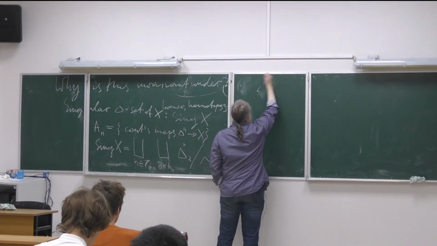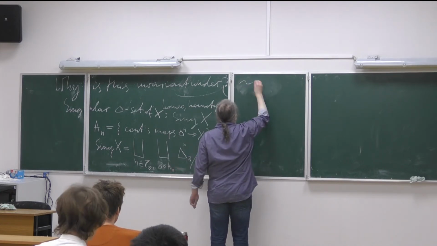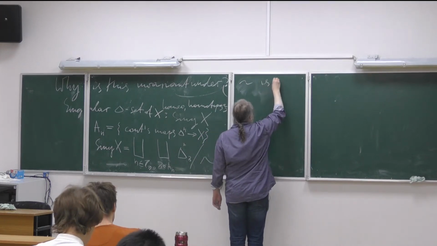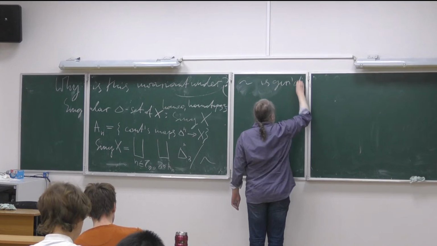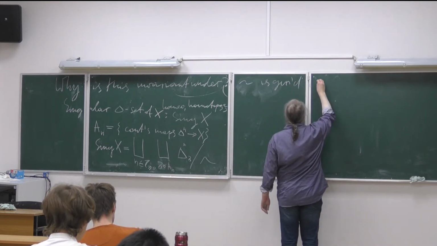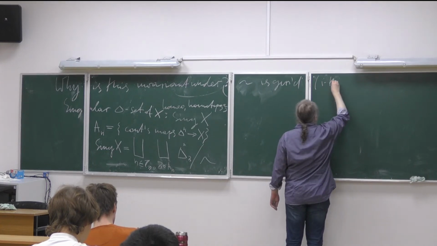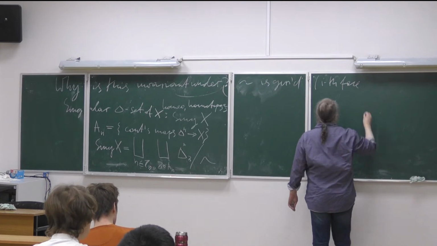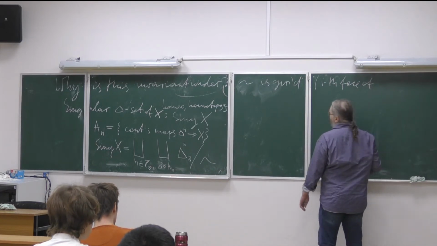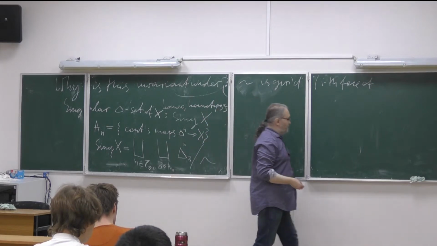So, sigma tilde is generated by identifying the ith face of delta^n_sigma.